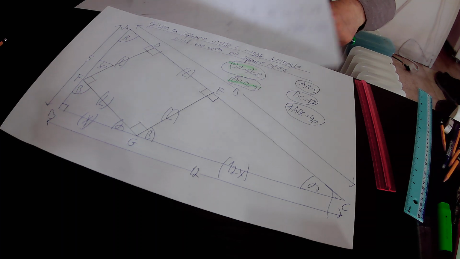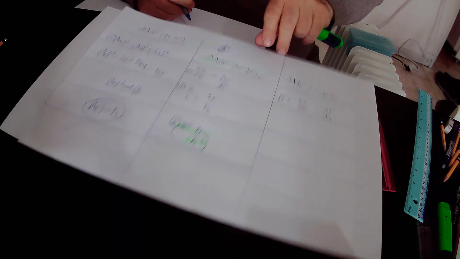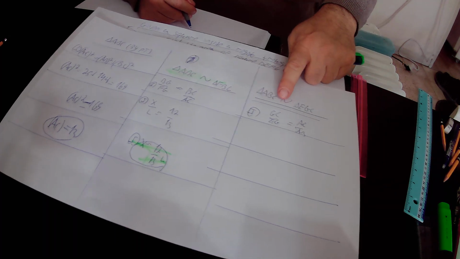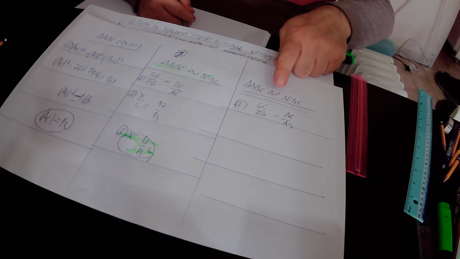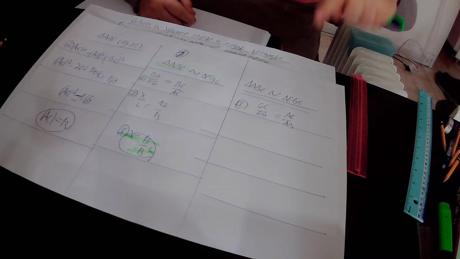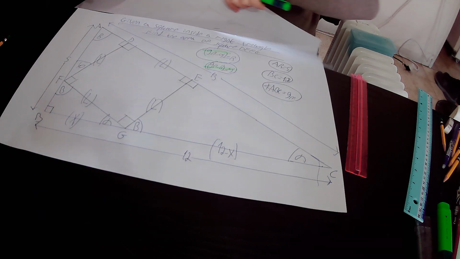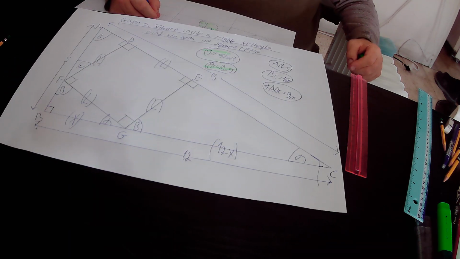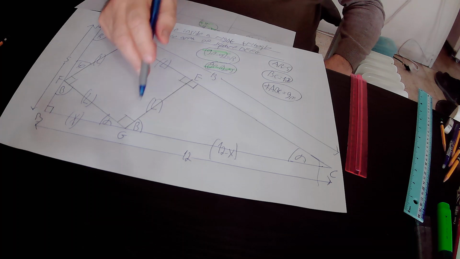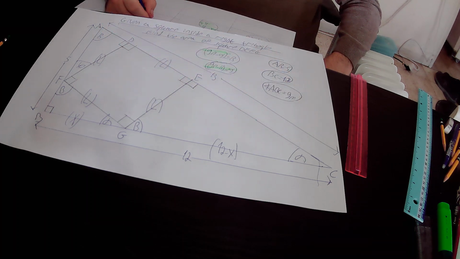Repeat again, we derive that GC over AG in the right triangle, triangle EGC, is equal to AC over AB in the right triangle, triangle ABC. So GC is 12 minus x over GE.